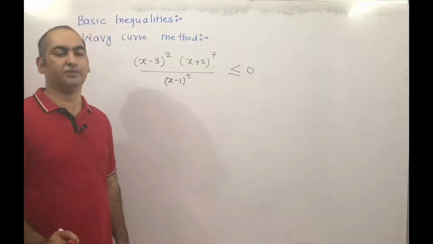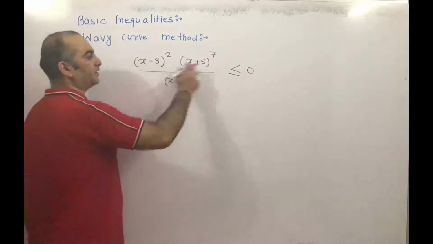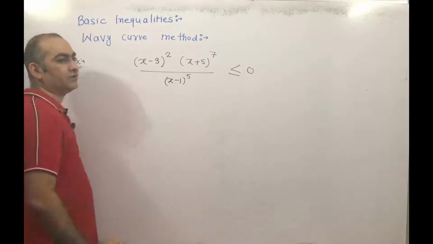Next thing we have to find is the critical points. In the last problem we had only a numerator, but here we have a denominator. So for this equation, what is a critical point?